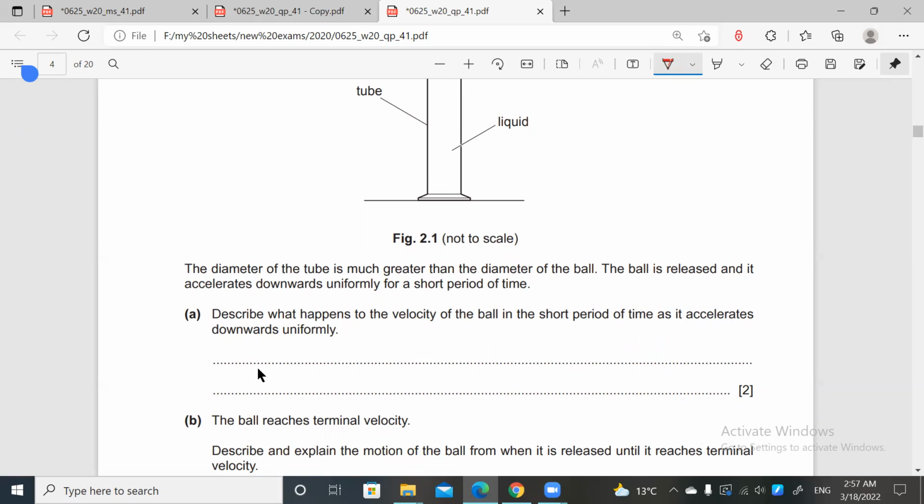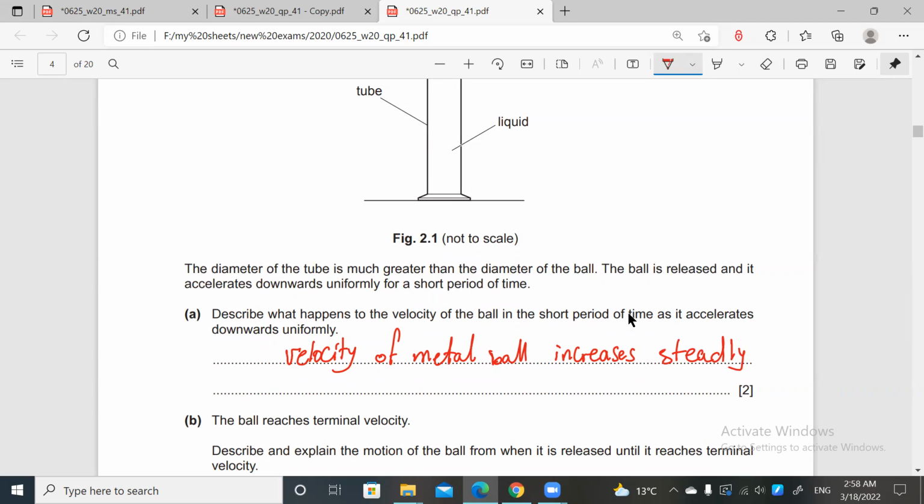It means the velocity of the metal ball increases steadily. That's what is meant by accelerates downward.